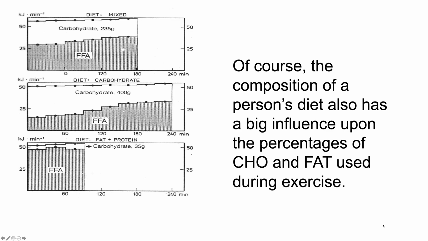And those who are on a low carb diet are only able to go about half of what the mixed diet were able to go. So what this is showing you is that if you're doing some kind of event that's really time-based and a long endurance event, you need to make sure that you're consuming a big consumption of carbohydrates in a pre-competition meal.